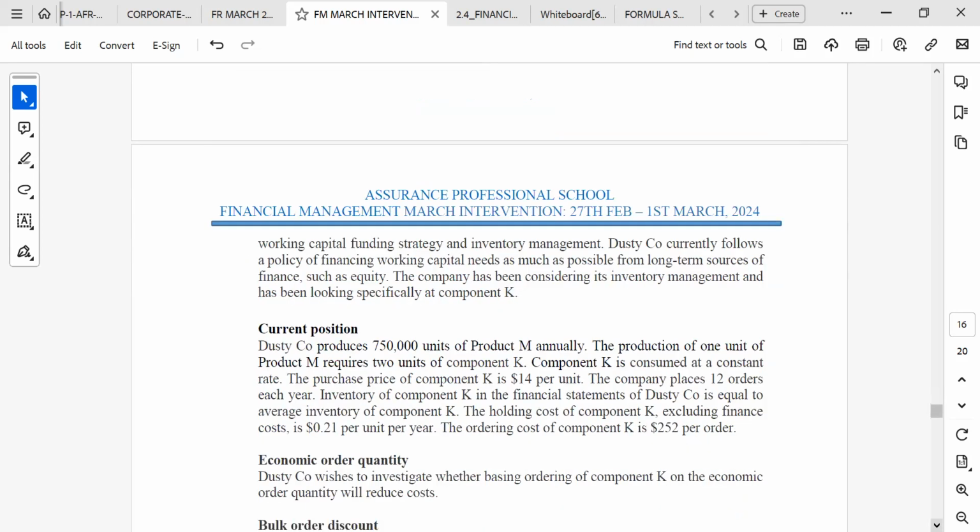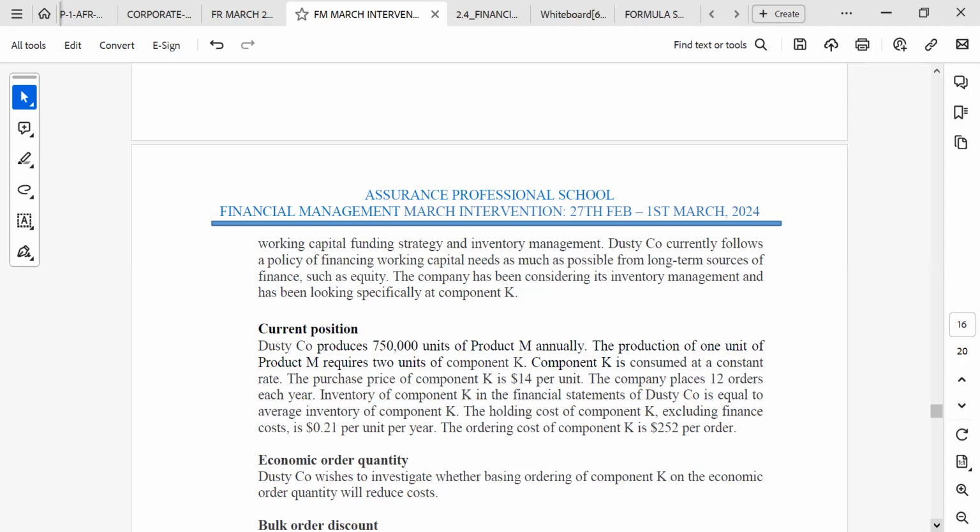The purchase price of component K is $14 per unit. The company places 12 orders each year. Inventory of component K in the financial statements of Dastico is equal to the average inventory of component K. The holding cost of component K, excluding finance cost, is $0.21 per unit per year.